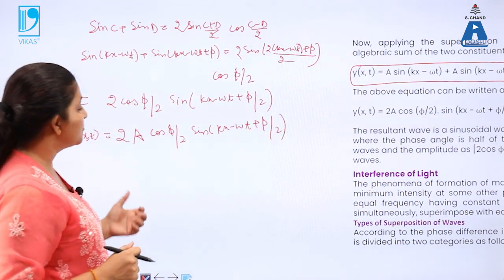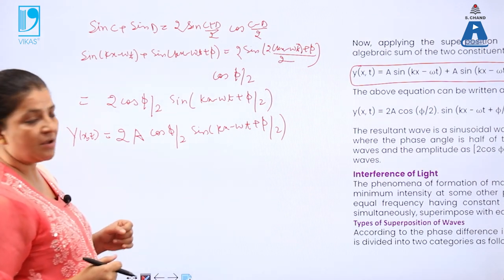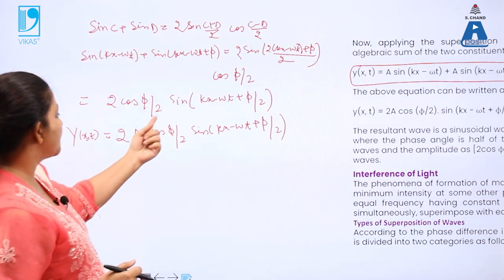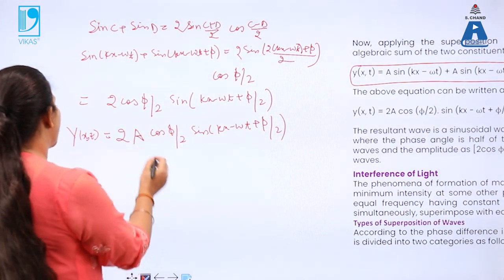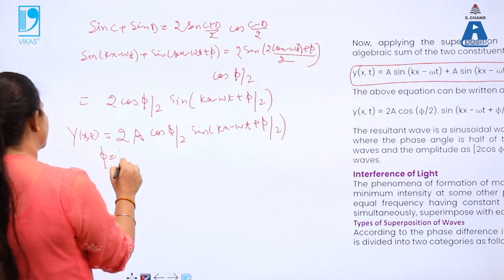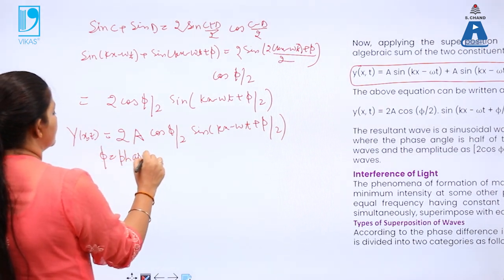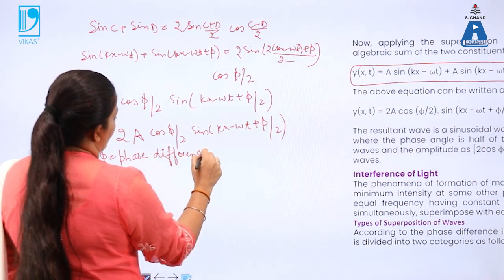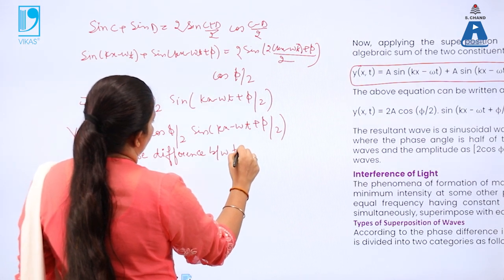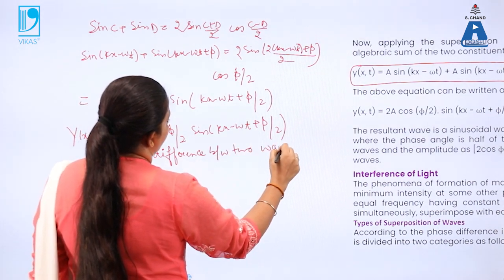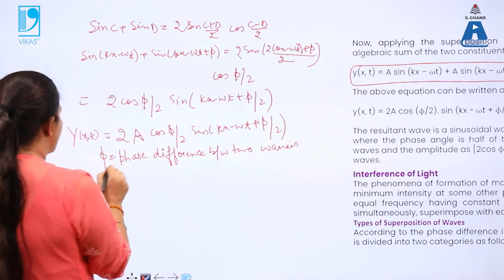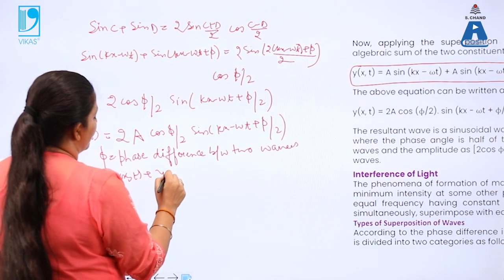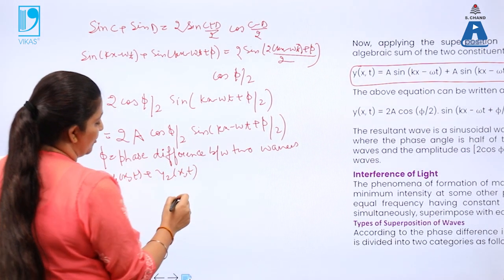Now what does it mean? It means that when the two waves superimpose on each other, their angle and amplitude both keep changing. What is phi over here? Phi is constant. Phi is the phase difference between the two waves, y1 and y2, traveling over here.